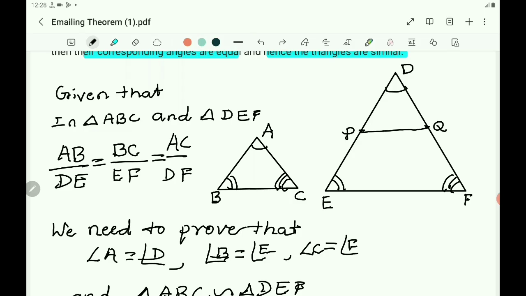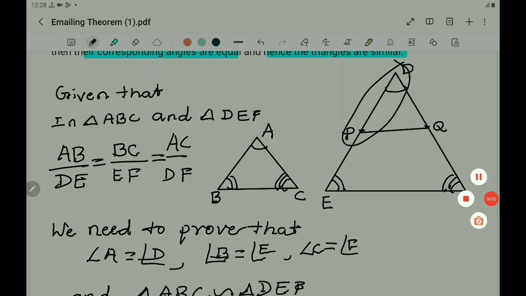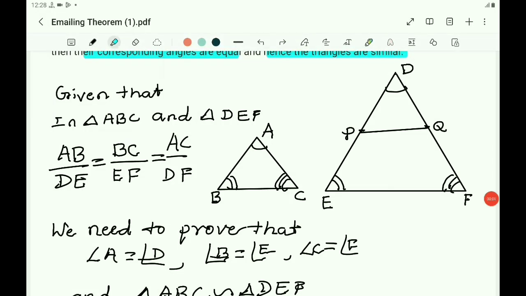What is the construction to be done here? Here we have to mark the point P on DE and Q on DF in such a way that DP is equal to AB and DQ is equal to AC. Now in the construction step we have to write that.